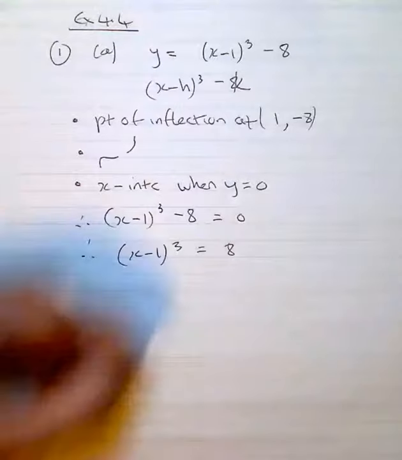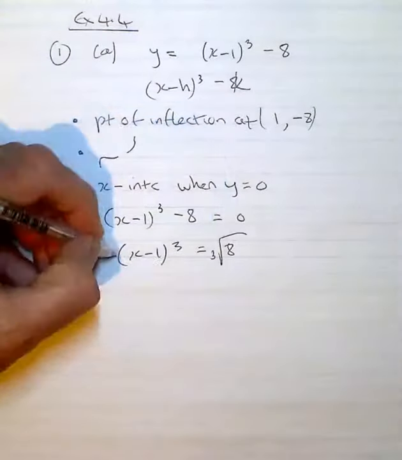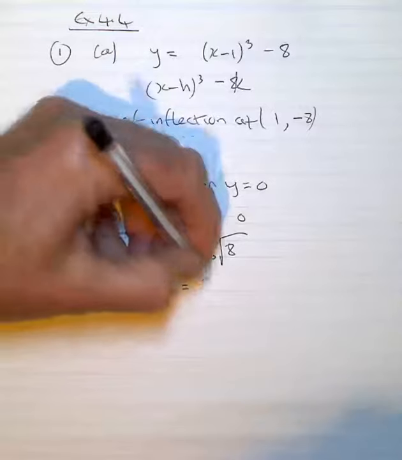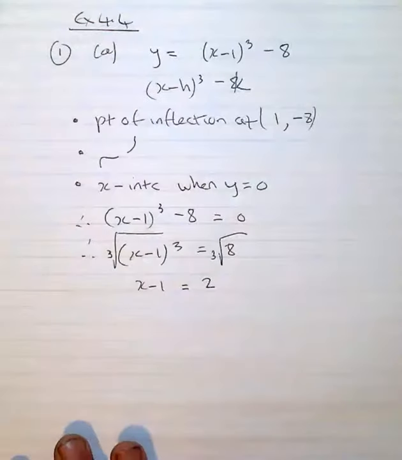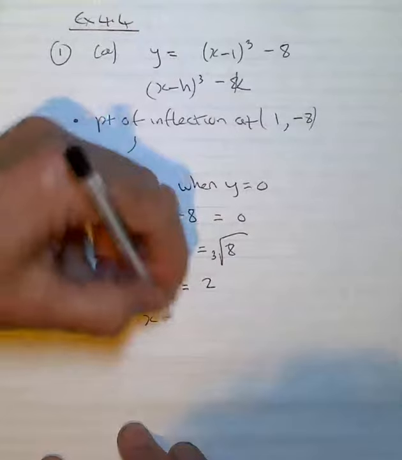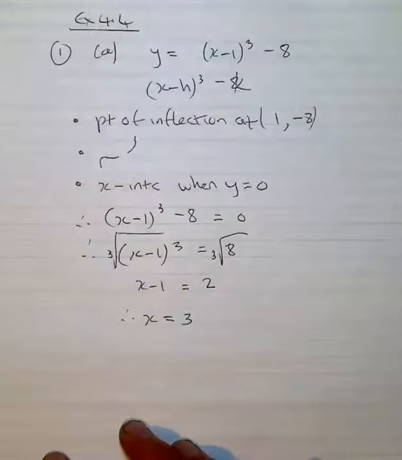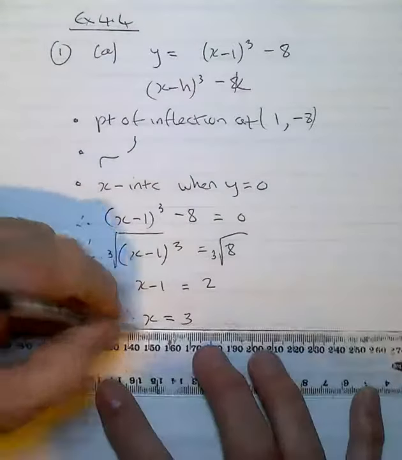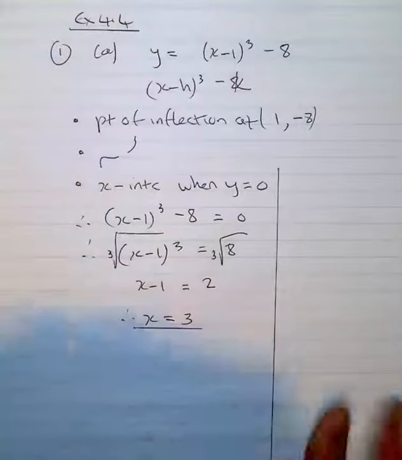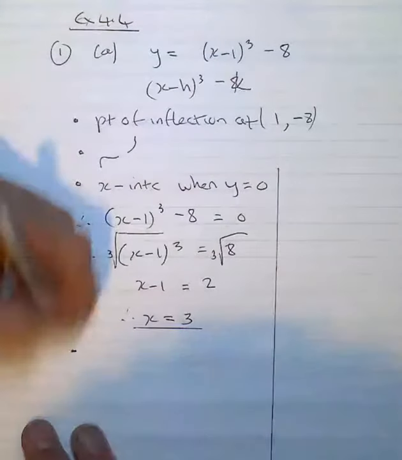Now I take the cubic root of both sides, and I'm left with x minus 1 equaling 2 in this instance, or therefore x is equal to 3. So I'm building up evidences whereby I can sketch the graph, and I'll do that over to the right-hand side.